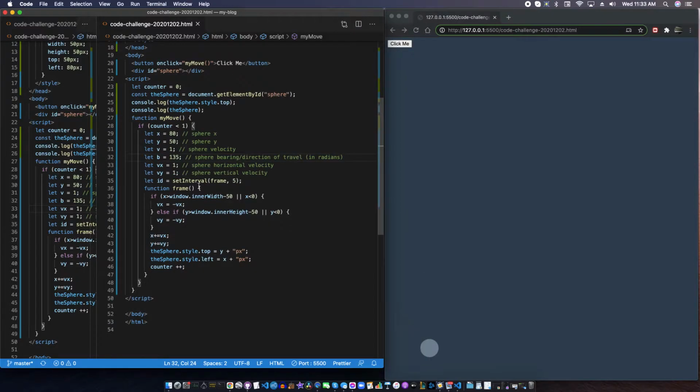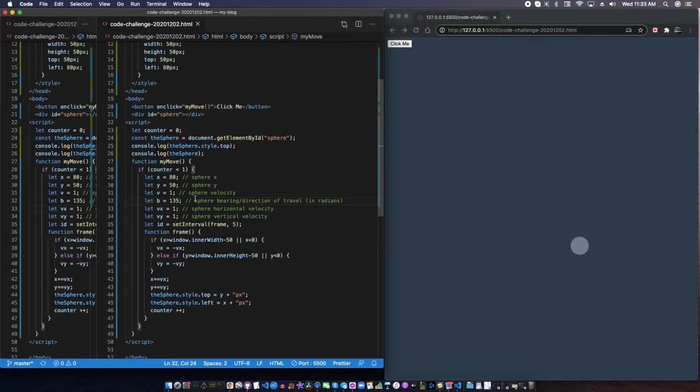So I made some new variables. We've got the x and the y position of the sphere. Then we have a velocity, and then we have the bearing. I have not incorporated this into it yet, and it's probably going to be radians.